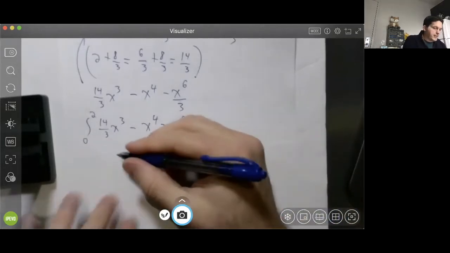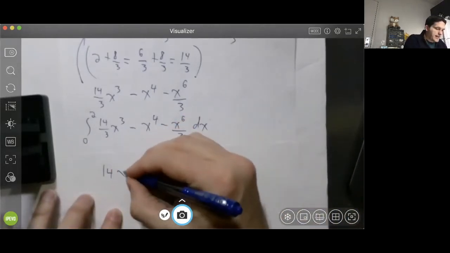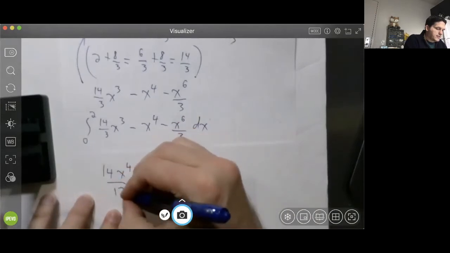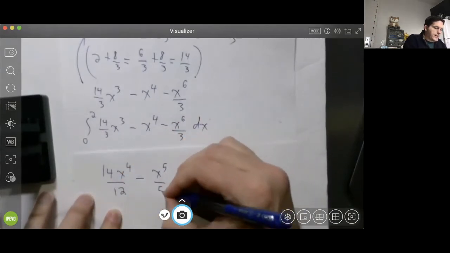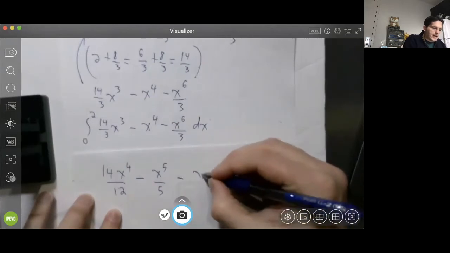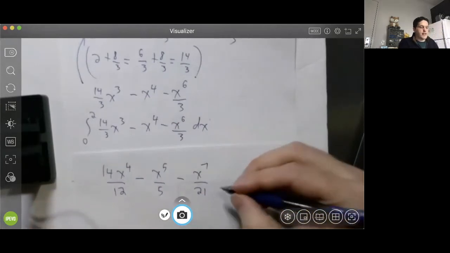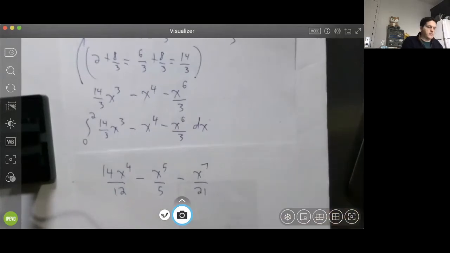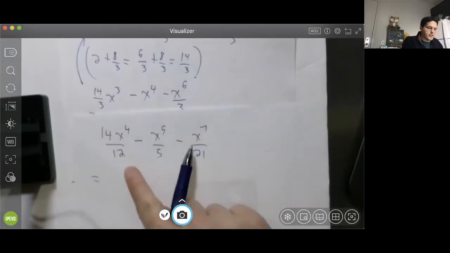An antiderivative is 14 times x to the fourth over 12 minus x to the fifth over 5 minus x to the seventh over 21. We evaluate our antiderivative from 0 to 2, but first let's simplify this first fraction.